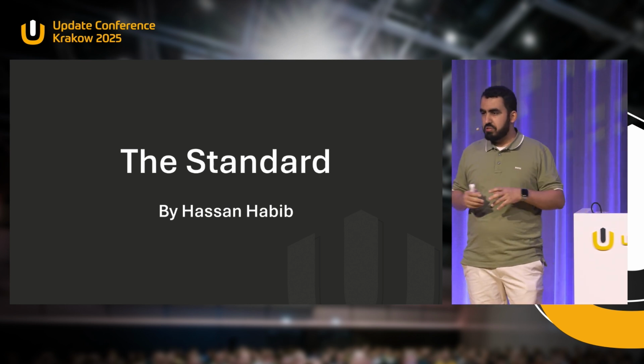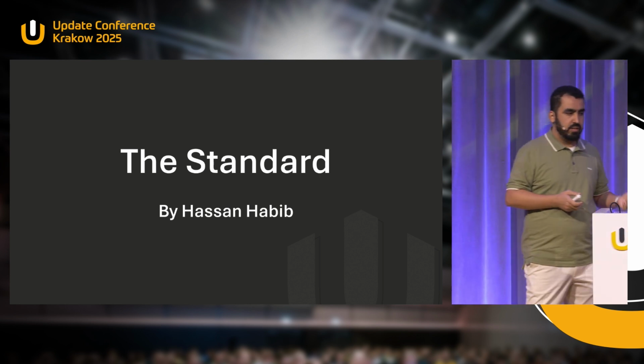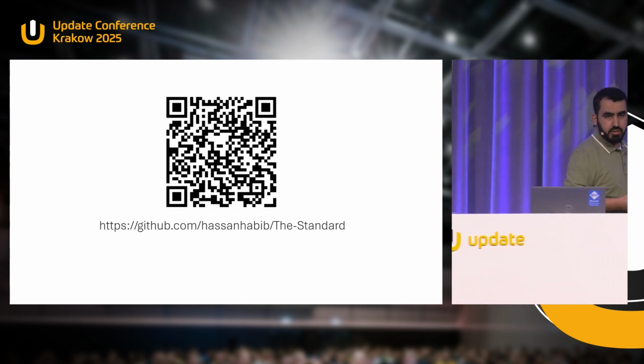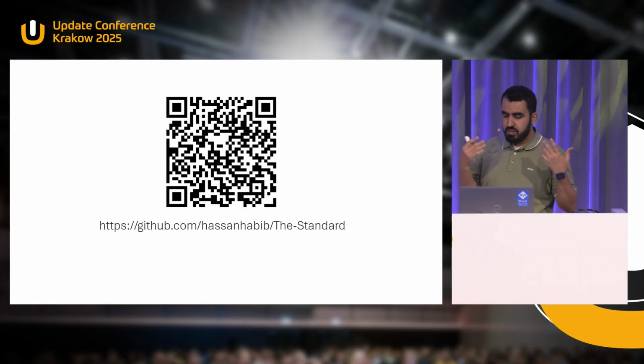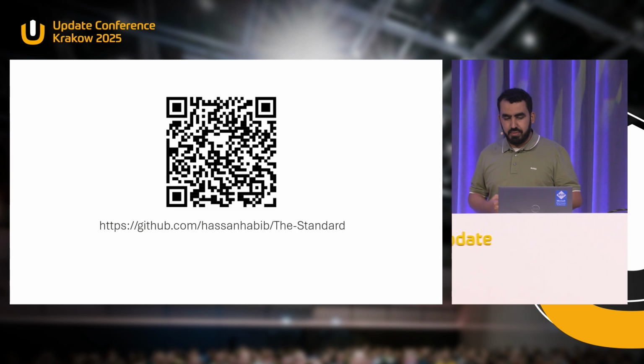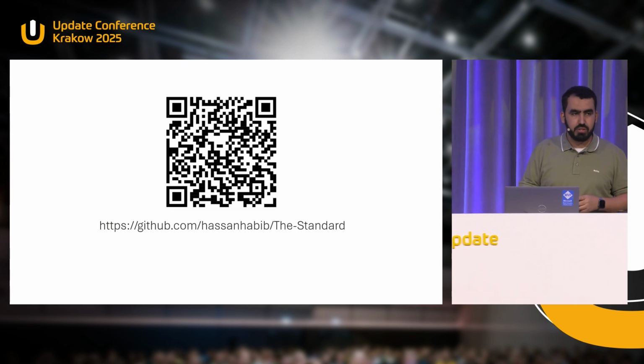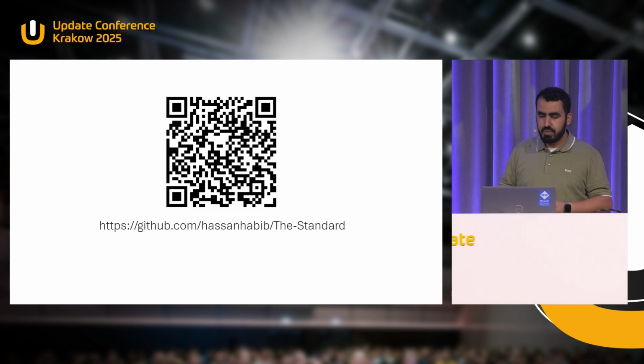It's open source. You can join us. I will give you the link. This is the GitHub repository where we write the book. We discuss things and principles. Every day something new comes to the Standard community. You can contribute to our libraries anytime.